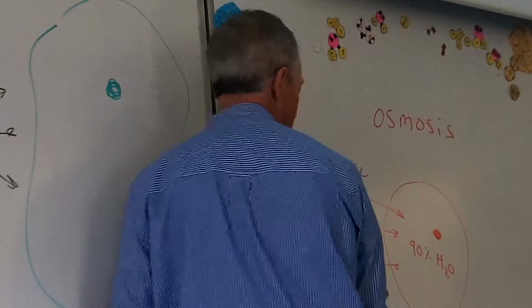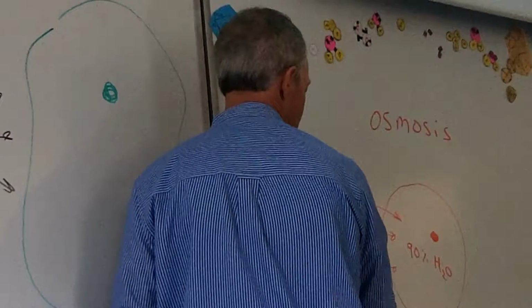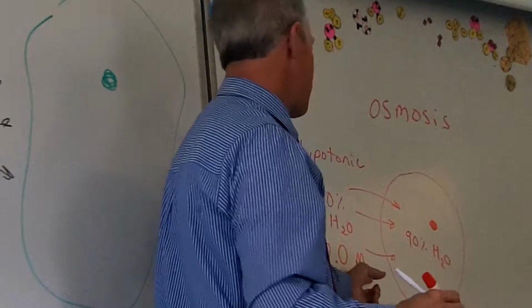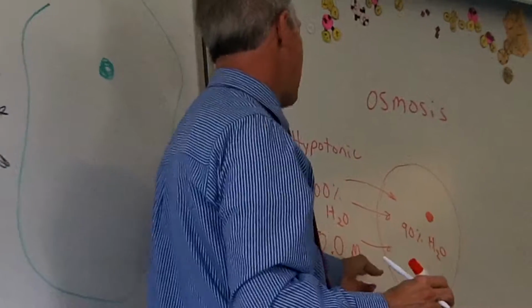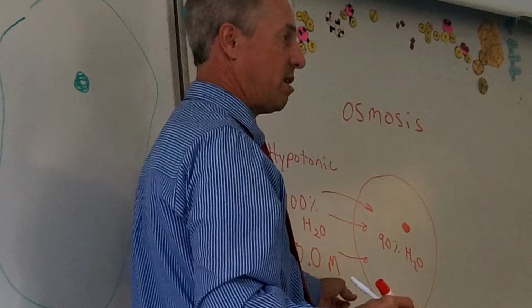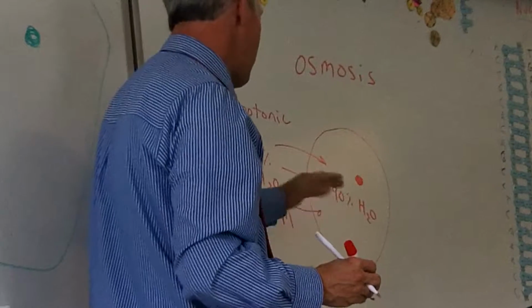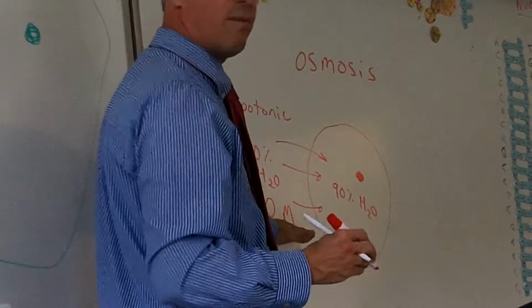molarity of the solute, which this would be 0.0 molar. Molar is a term that refers to how much sugar there is in it. So 100% water would have 0.0 sugar, no sugar.